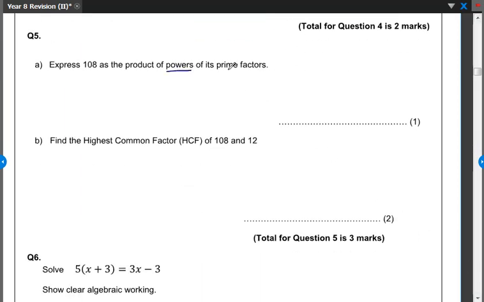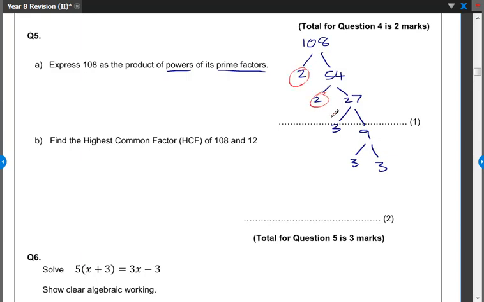Product of powers of its prime factors. So let's get its prime factors. 108. Smallest prime number is 2 times 54 times 2 times 27, 3 times 9, 3 times 3. So we can see that our prime numbers are 2, 2, 3, 3, 3.